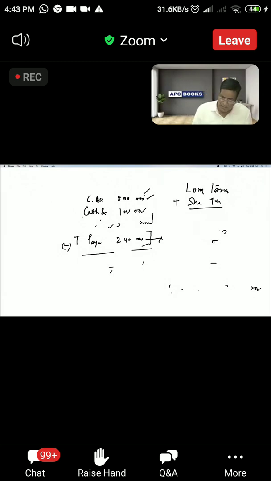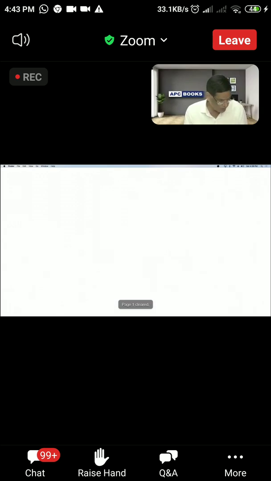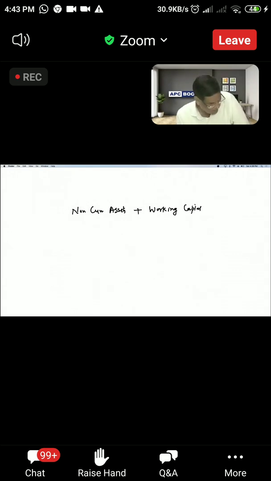Following the asset side approach, we always know that the formula is non-current assets plus working capital.